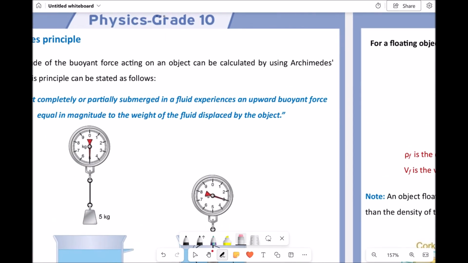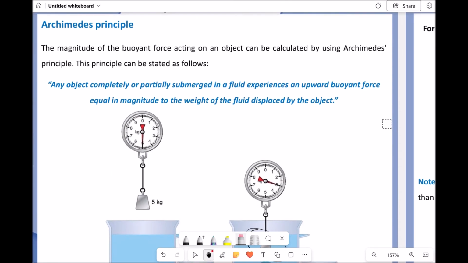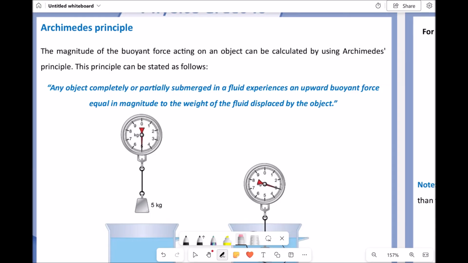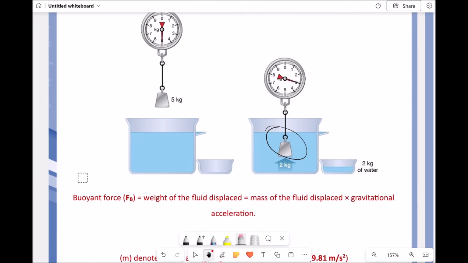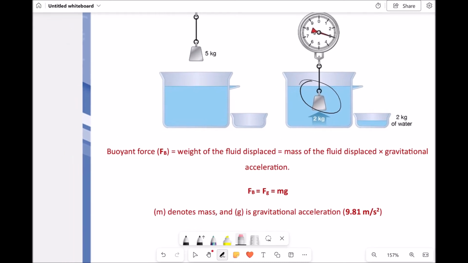Now guys, we will reach something else, which is called Archimedes' principle. Very simply, Archimedes' principle states that if you have an object which is completely or partially submerged in water, let's say you have an object which is 5 kilogram.